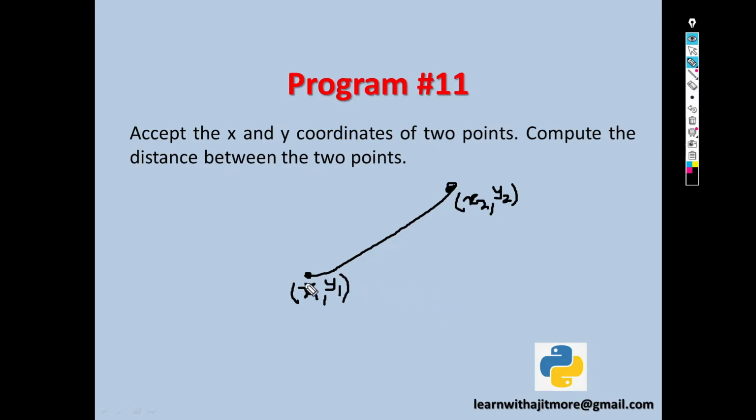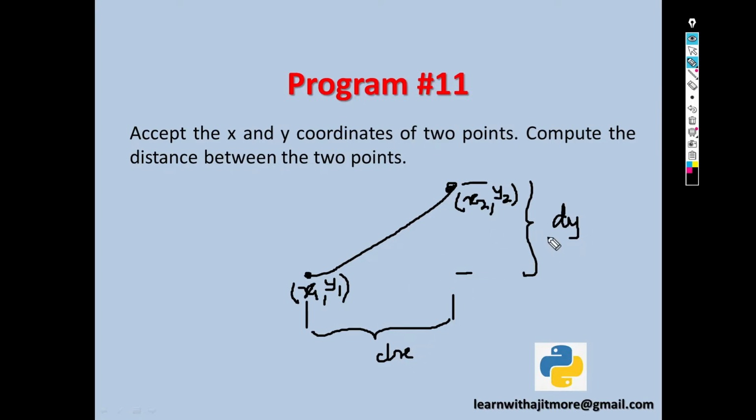So how to calculate? We have to use the Pythagoras theorem. The x difference and the y difference, whatever we get, we take its square and then add the squares. That is, x2 minus x1 will give you the x difference, y2 minus y1 will give you the y difference.